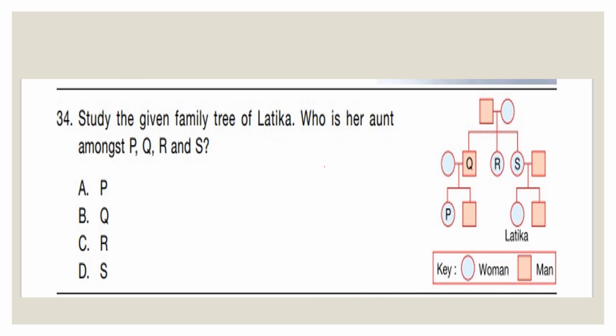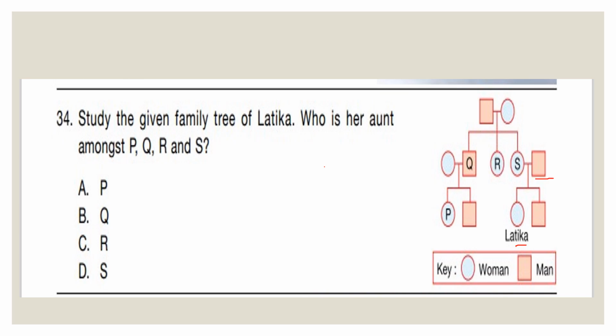Question number 34. Study the given family tree of Latika. Who is her aunt amongst P, Q, R and S? Circles stand for women and squares stand for men. Here is Latika. So Latika's parents are here.